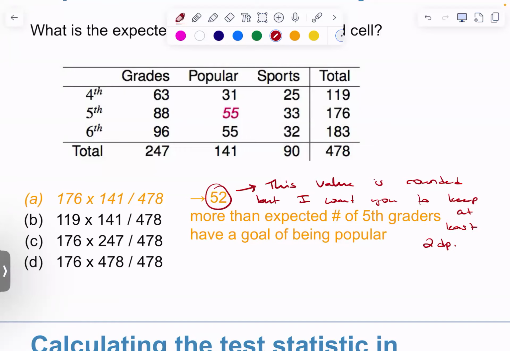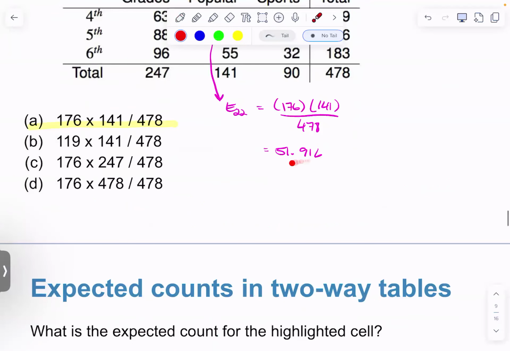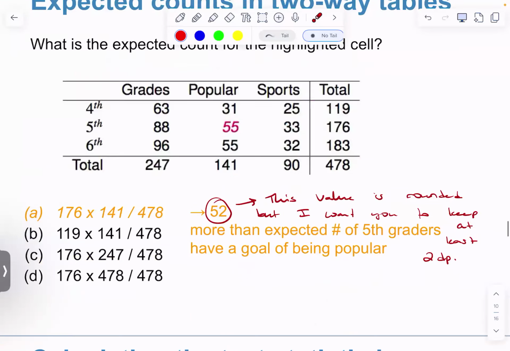Especially for those online assignments, I think it'll tell you what to round to. And of course, it'll mark it wrong if you're using the wrong rounding. But I also want you to be comfortable with, okay, I'm expecting this many. It doesn't have to be 52. It can be 51.916 or 51.92, but just follow the rounding instructions.